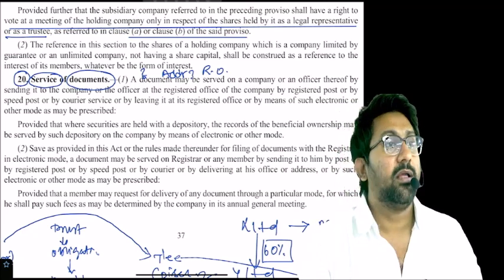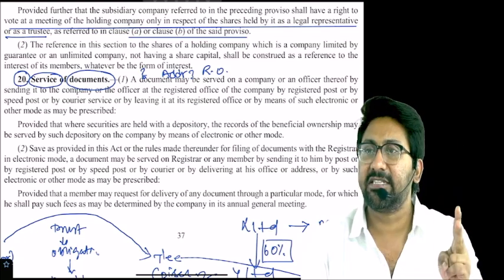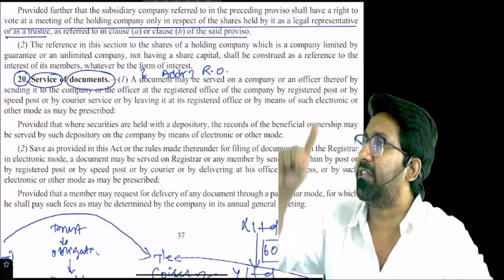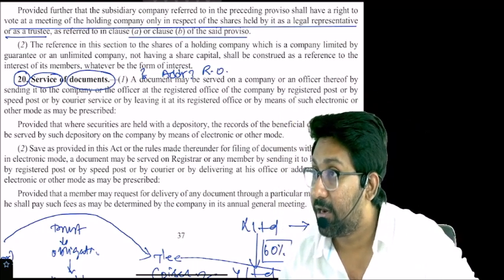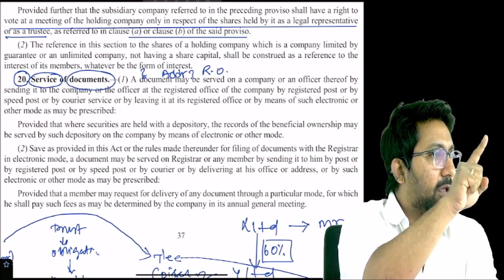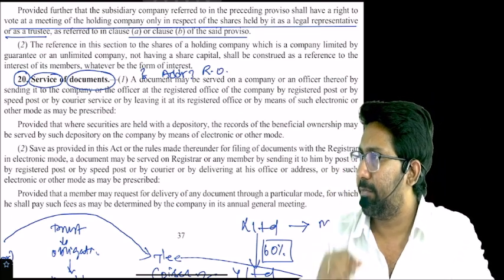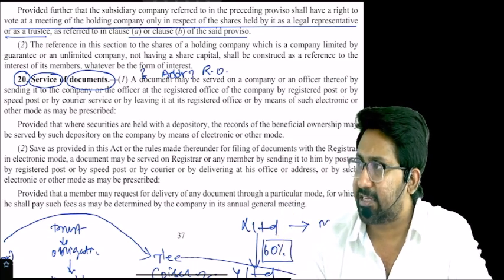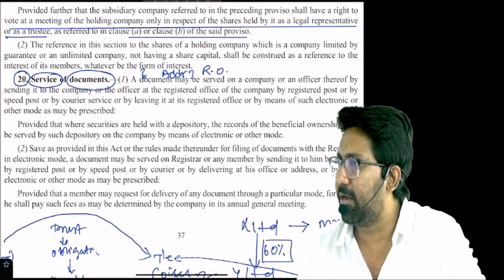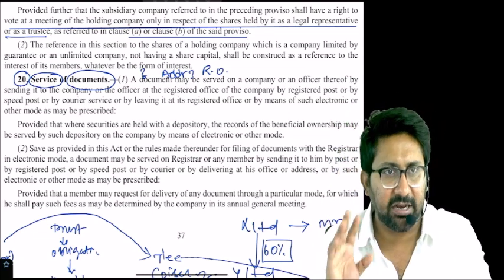Every single detail of the directors and their addresses must be available with MCA from the date of incorporation. One more time: the details of the registered office of the company and the addresses of the directors must be available with the MCA during the course of incorporation itself.